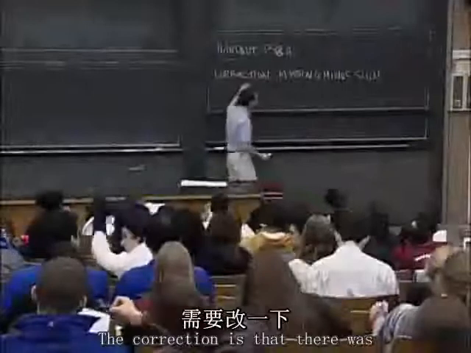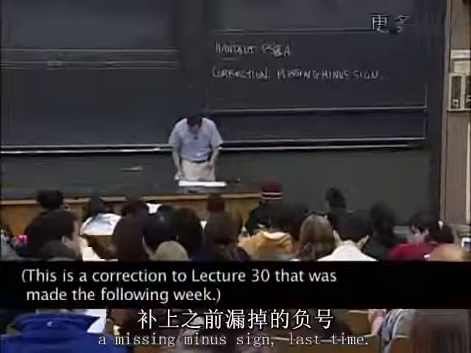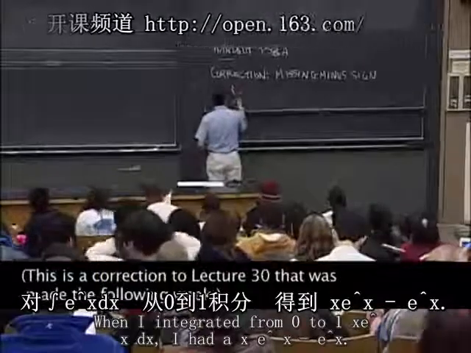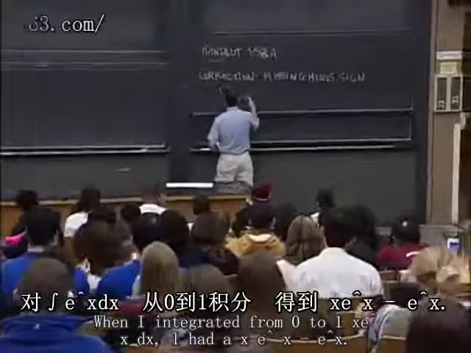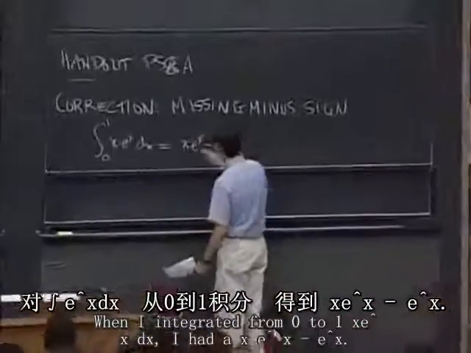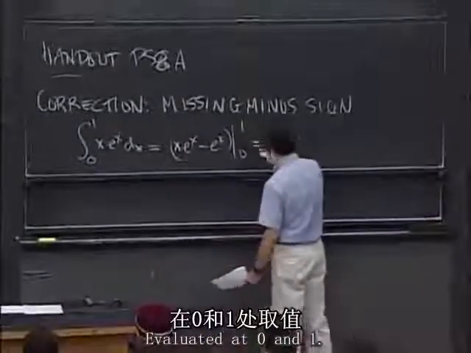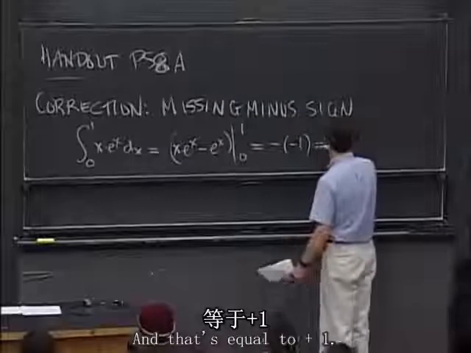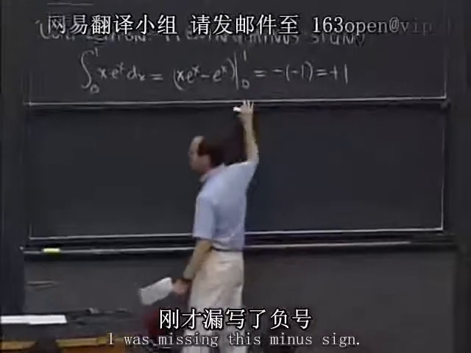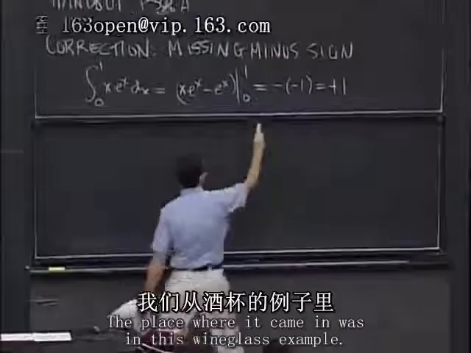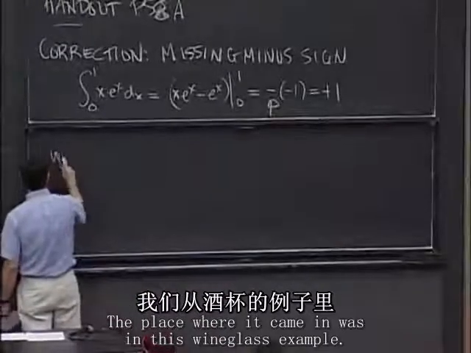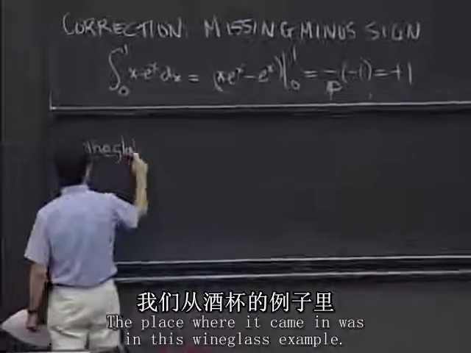The correction is that there was a missing minus sign last time. When I integrated from 0 to 1 x e to the x dx, I had x e to the x minus e to the x, evaluated at 0 and 1, and that's equal to plus 1. I was missing this minus sign. The place where it came in was in this wine glass example.